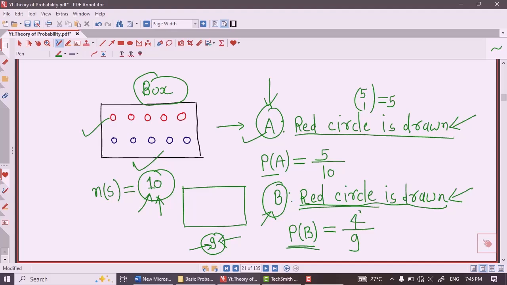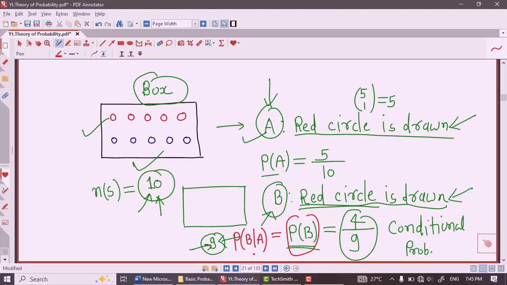Therefore, this probability of event B is known as the conditional probability of event B, as it is affected by the occurrence of event A. For this type of probability, instead of writing probability of B, we use the notation probability of B given A, and we read it as probability of B given A. This means event B is dependent on event A, or event B is affected by the occurrence of event A. Here we can see that the total number of outcomes for event B is reduced to 9, which were 10 for event A, because we have not put the selected circle back into the box.